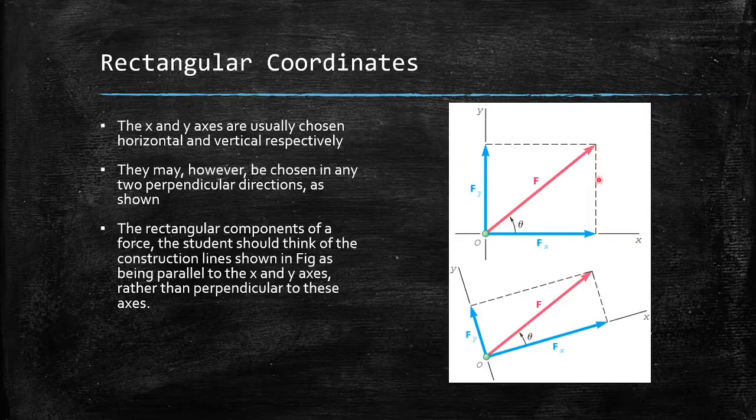So wherever this line intercepts the x-axis, that is the length of your x component. Similarly, I have dropped a line parallel to the x-axis, which is shown here, and wherever it intercepts the y-axis, that line is taken as the y component of the force.